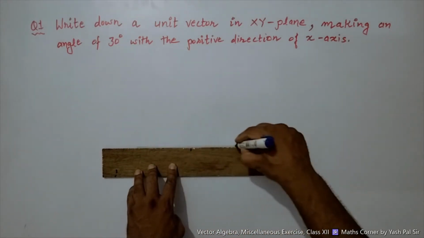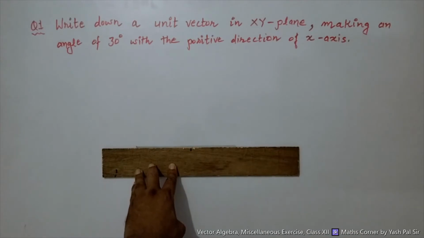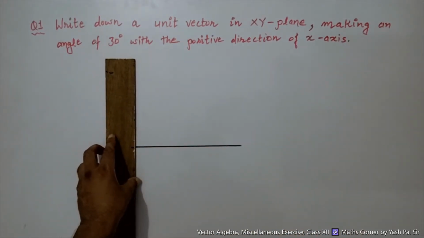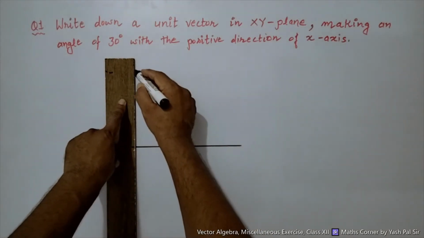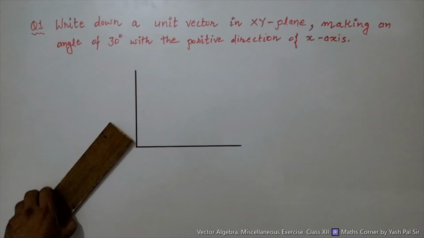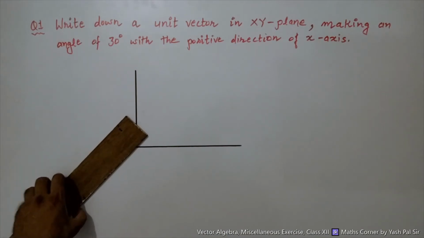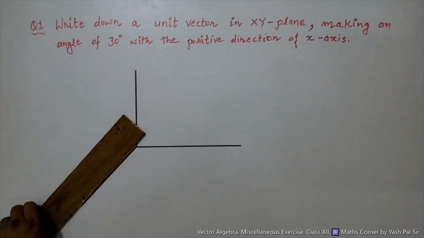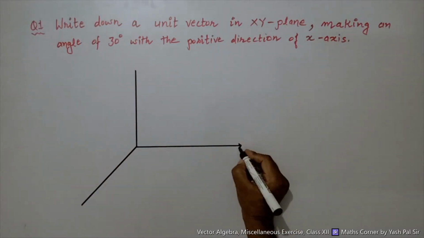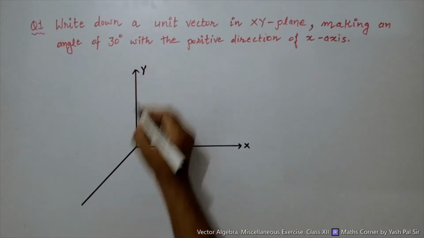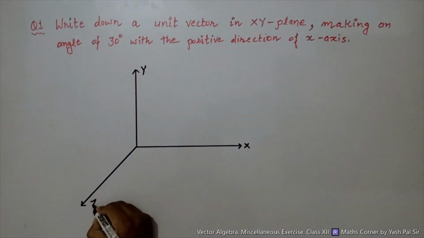So this way suppose we have the three axes, x axis, y axis and z axis perpendicular to each other. Like this I am going to draw the three axes. Suppose this is x axis, y axis and z axis.